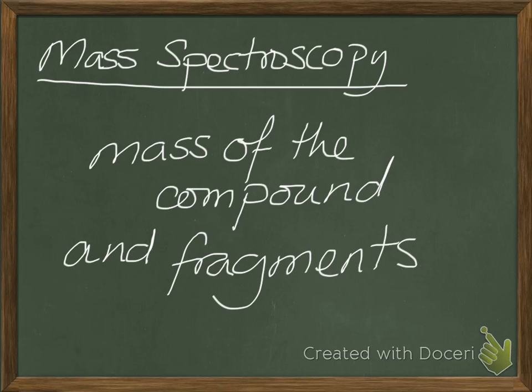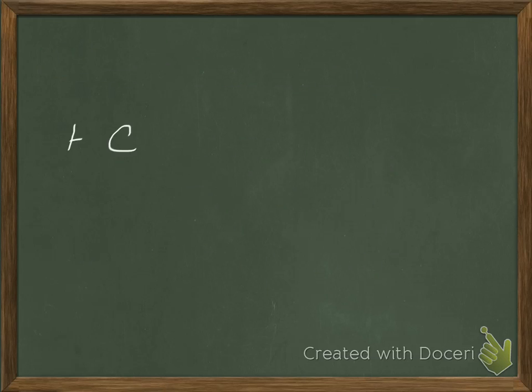Mass spectroscopy literally just weighs the compound. Imagine that you are taking a pot of the compound, you're cutting it up into little bits. It will measure the original compound, and it will also measure the mass of the little bits, and you get a mass spectrogram.